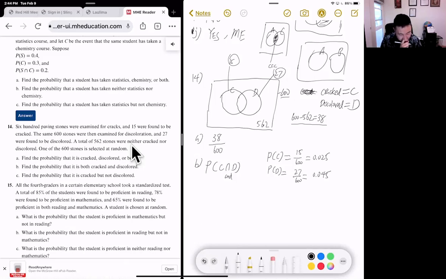The question also tells us, from part A, we know the probability of C or D is 38 over 600.